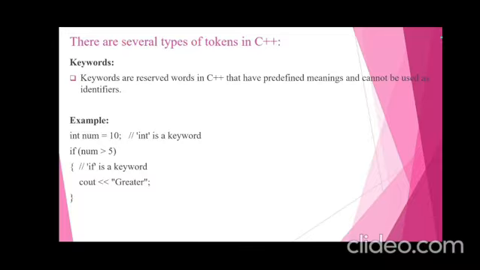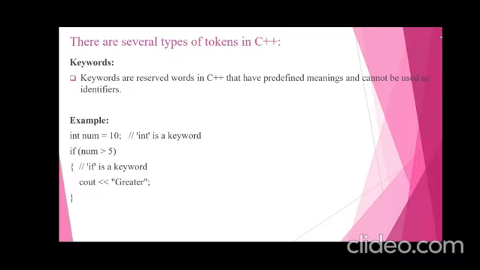Keywords are reserved words in C++ that have predefined meanings and cannot be used as identifiers such as variable names or function names. These words are already predefined by the compiler to perform specific operations, so their meaning cannot be changed. For example, in the statement int num = 10, the word int is a keyword used to define an integer data type.